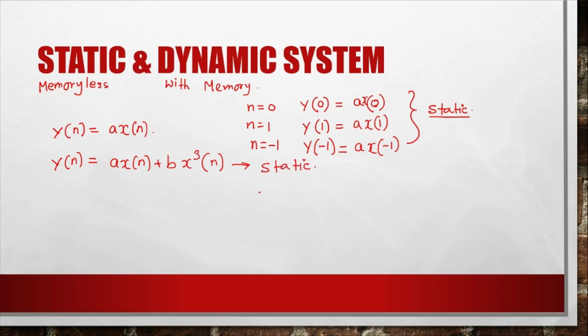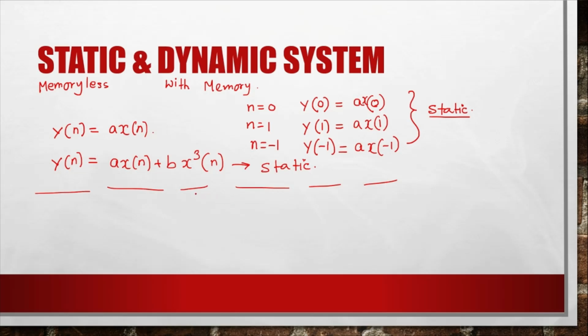Now, if I give you an example of a dynamic system, how will it look? Definitely, in a dynamic system, the output not only depends upon the input sample of the same time, but on past samples of the input also.